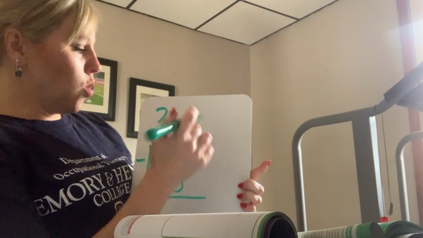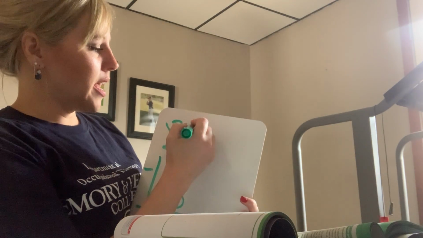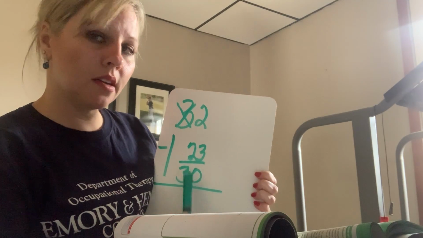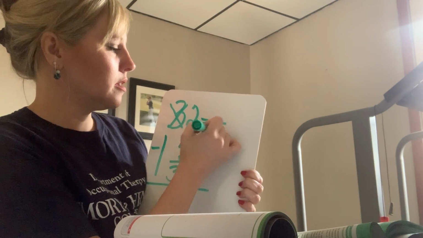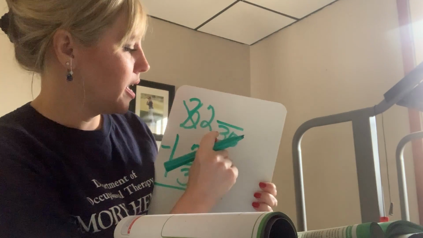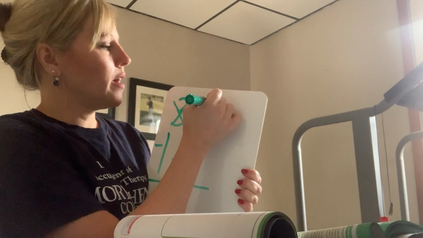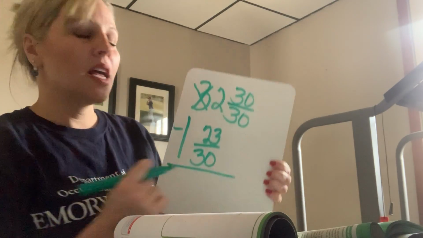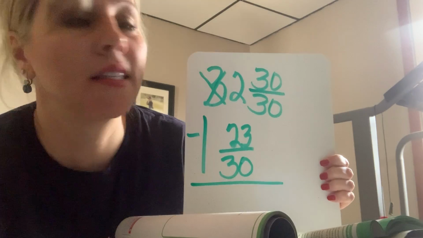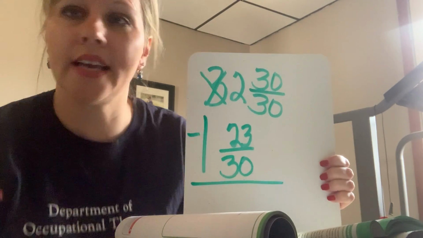You have to take 1 from our whole, becomes a 2. Then we use the denominator, 30, since this has a denominator of 30, our second fraction. And to make a whole, you have to use 30 over 30. And 3 is the same thing as 2 30/30.